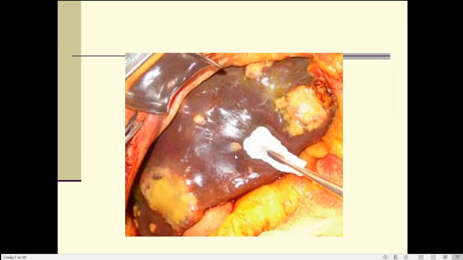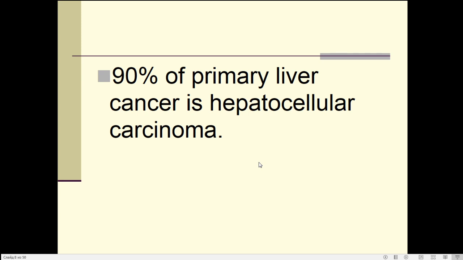Here is secondary metastasis on the liver. 1, 2, 3, 4, 5. Multiple, of different sizes, on the liver in both lobes, right and left, coming from another organ. 19% of primary liver cancer is hepatocellular carcinoma.